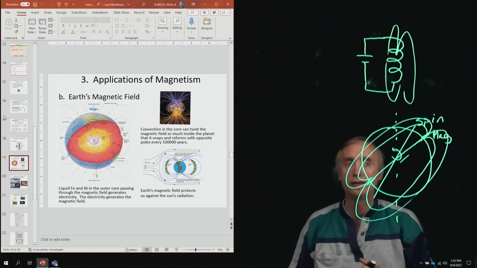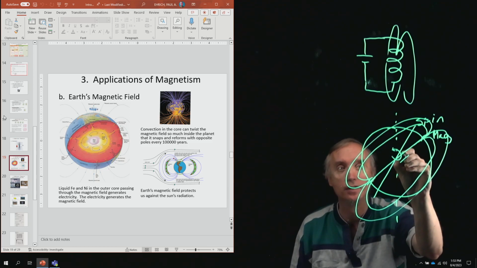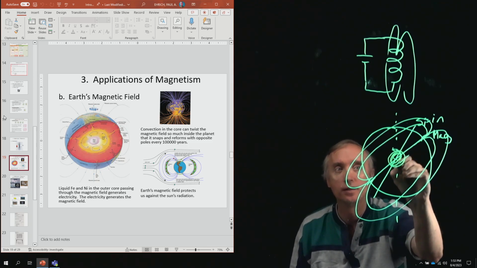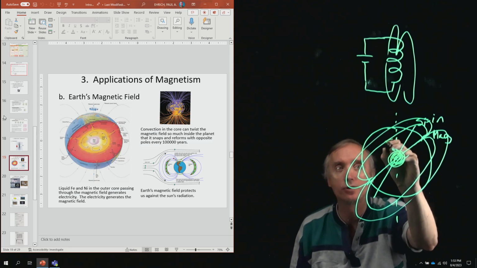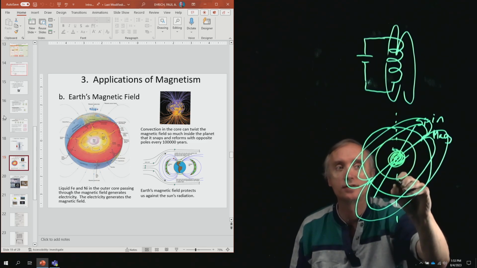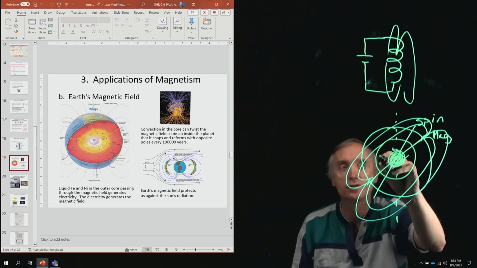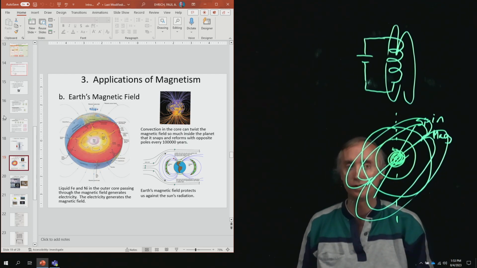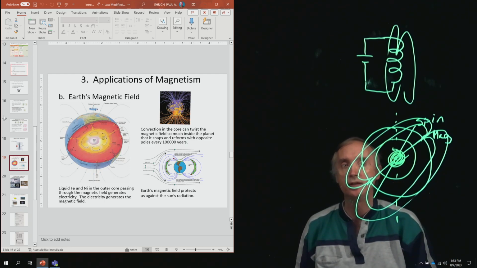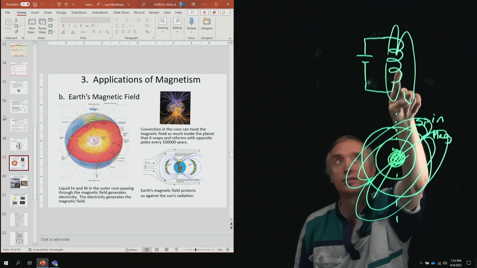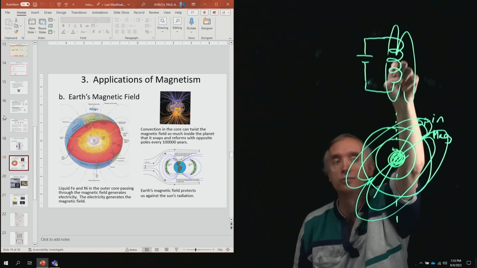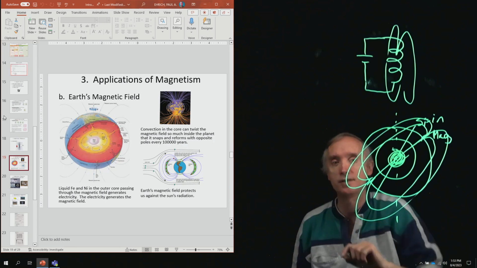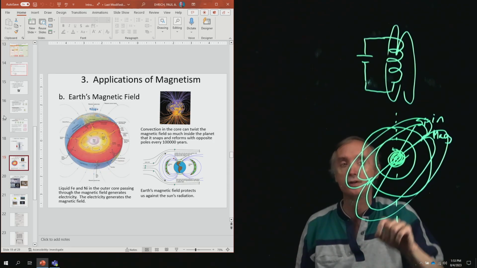You should say that it's in the outer core of the Earth. The Earth has an inner core, an outer core, and then a mantle and a crust. It's going to be the outer core where the magnetism is created. The inner core is like the nail: when you put the nail in there, it intensifies the magnetic field.